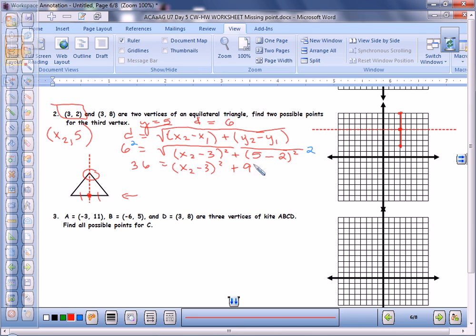And so you get 27 equals x minus 3 squared. Then you take the square root of both sides, and when you take a square root, it is positive or negative. This simplifies to the square root of 9 times 3. The square root of 9 is 3, so 3 root 3.